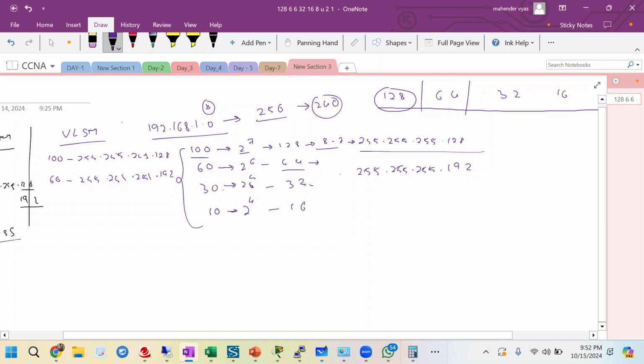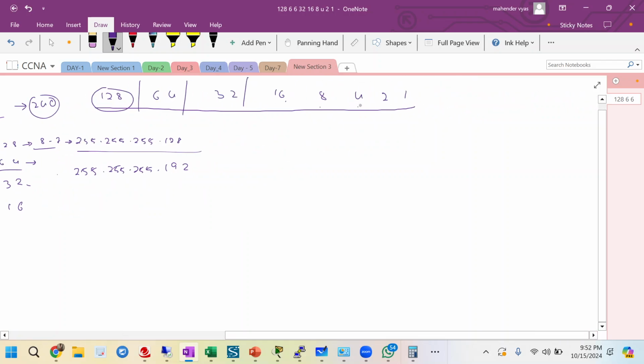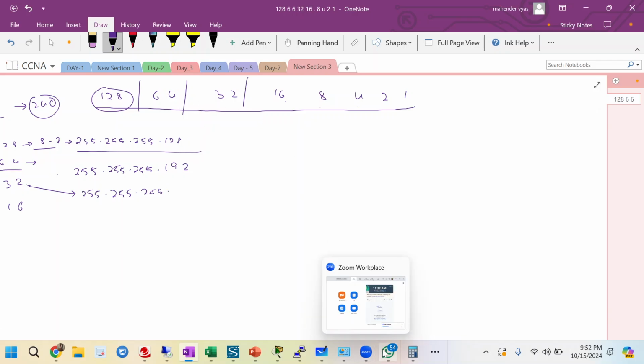For 32 users I need 2 power 5, so I need 5 host bits only, right? How many host bits do I have? 1, 2, 3, 4, 5 host bits I have. So my new subnet mask for 32 users, 128 plus 64 plus 32, how much would it be? 224, I guess.